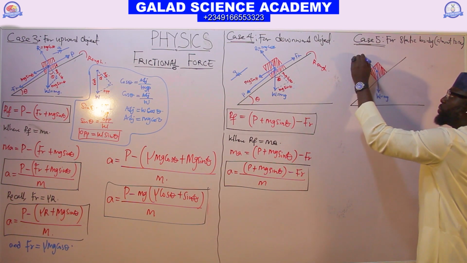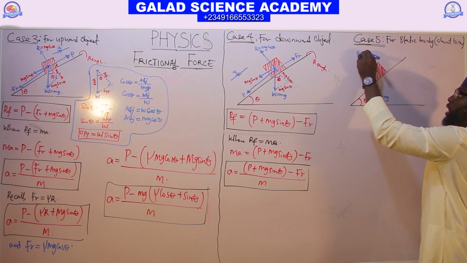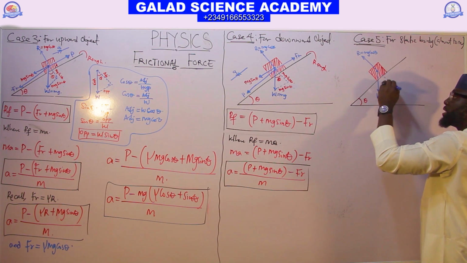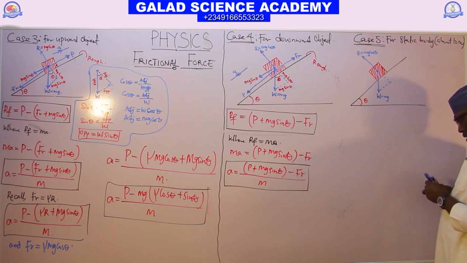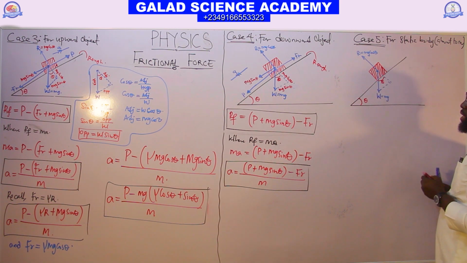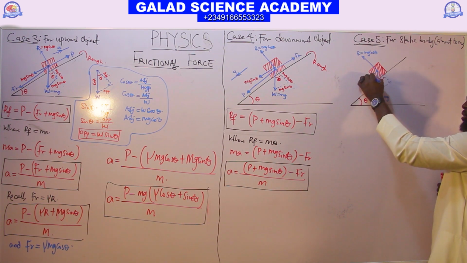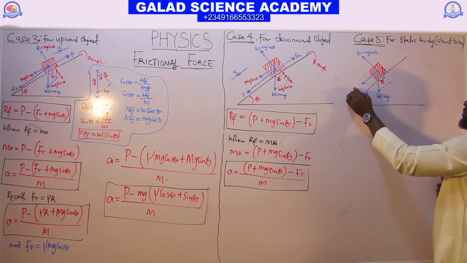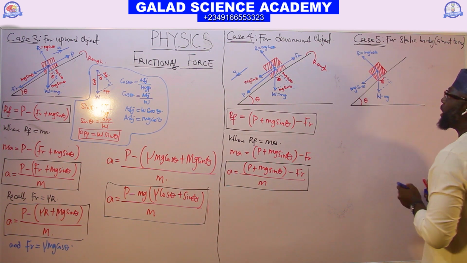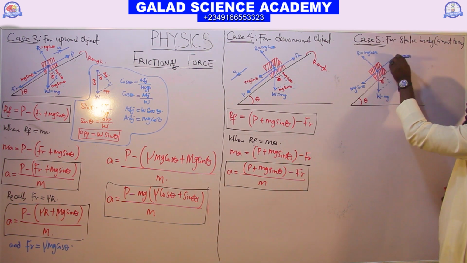The reaction of the block is mg cos theta. Note that the angle here is theta. And the weight of the block along the plane is mg sin theta. And we have P here.